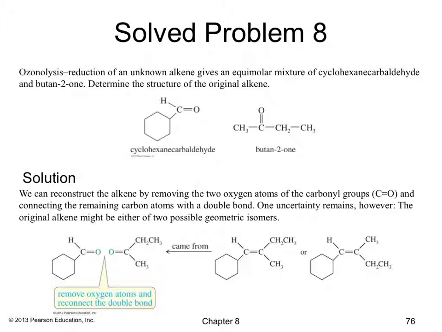When you do this, it makes it easy to say, oh, I see where the double bond came from. The double bond came from this part coming together with this part, or when you flip this over in this way. Remember, if you're going forward, you're going to have cleavage of that double bond forming these two products. So the way to answer this problem, trying to figure out the starting material, is to make sure you face the double bond carbonyls to one another.